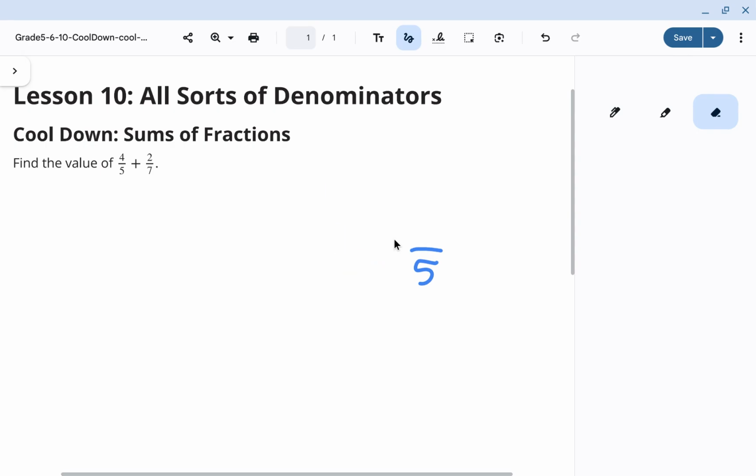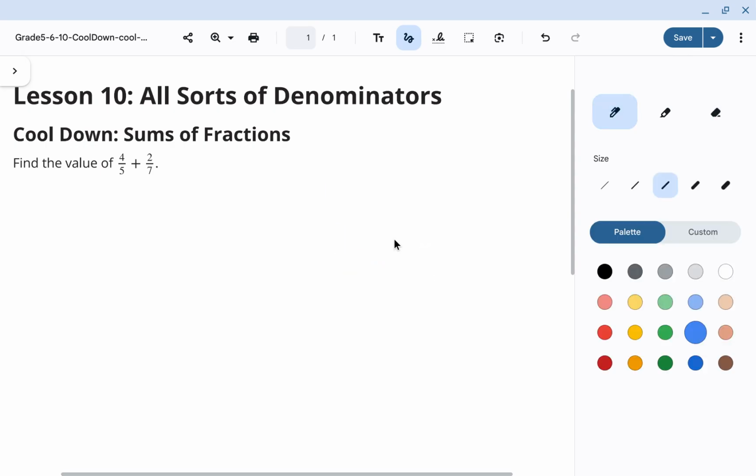I'm going to get rid of this to give me some workspace for a strategy that will work. What we have found to be true when you have all sorts of denominators is to think about the 5 and to think about the 7. So here I have 4/5 plus 2/7, and I've actually written them vertically.